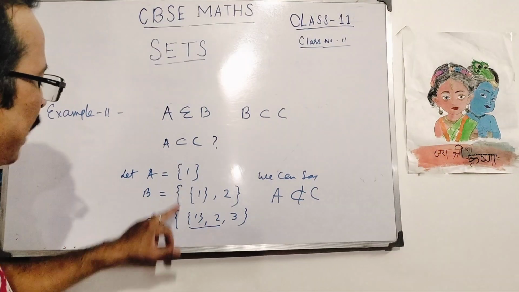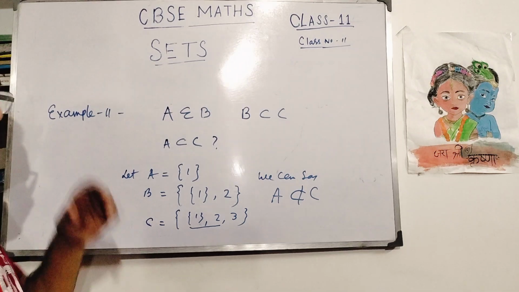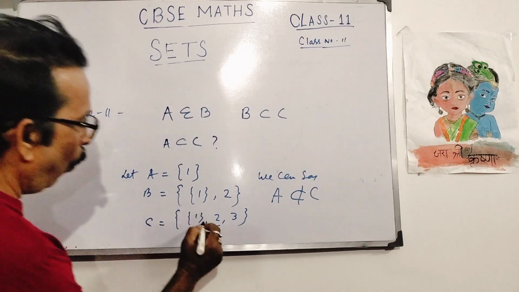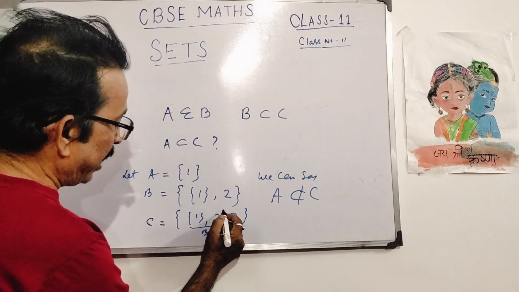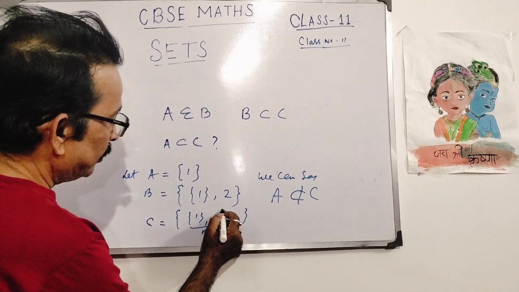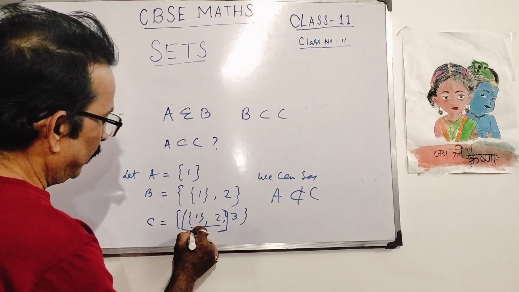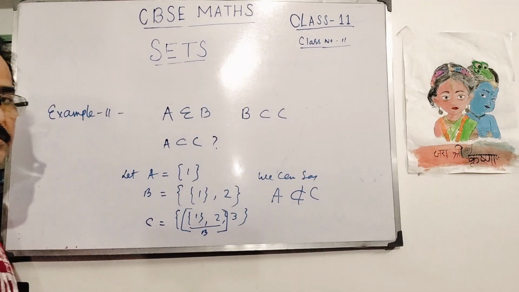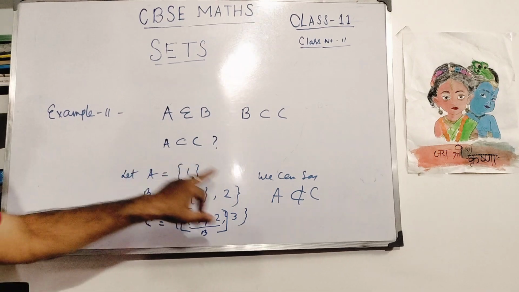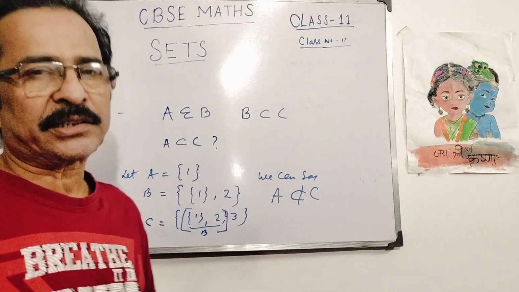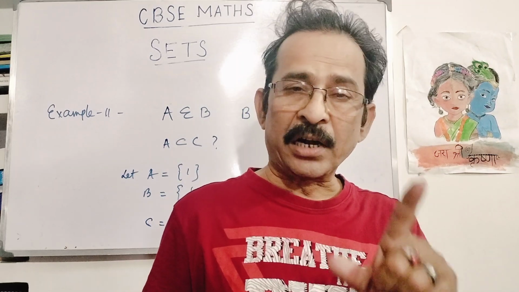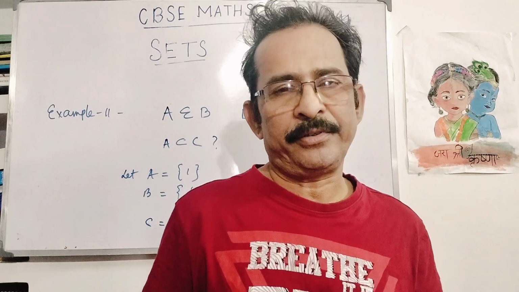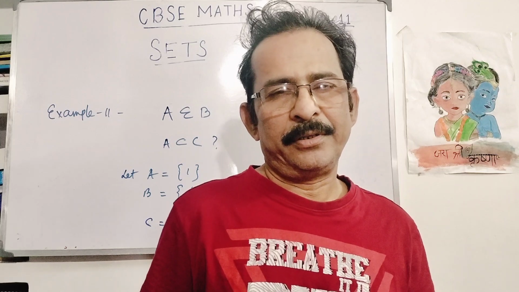A is not a subset of C because what is in C is B, it is not 1 on its own. So A is not a subset of C. Clear? If you do not understand, please comment.